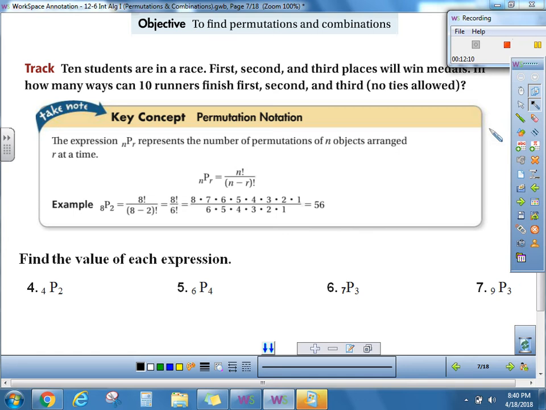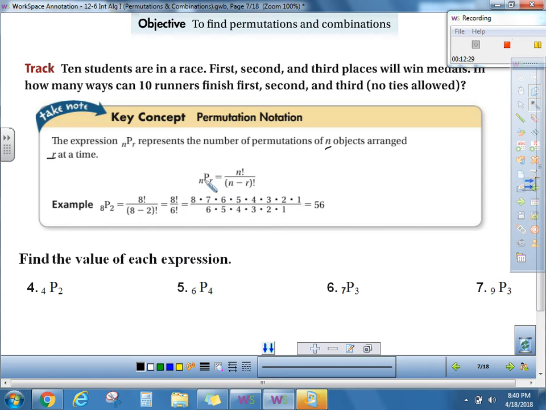And here is that lovely equation for permutation. So if you have your notebooks out, go ahead and write this down. If you don't, get your notebooks out and write it down. So we have the expression nPr represents the number of permutations of n objects arranged r at a time. So n, this first number, is always going to be either bigger or the same size as r.